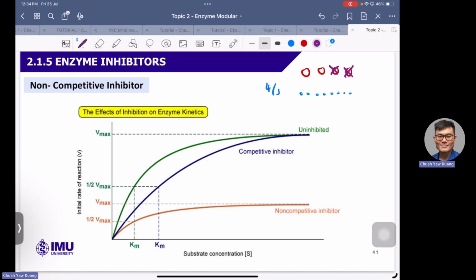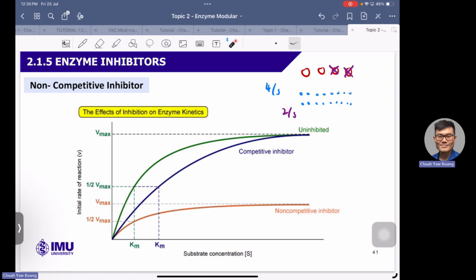It can be only 2 per second. You further increase the substrate. Is it useful? No, because the enzyme available is now only 2. No matter how much substrate you increase, it won't be reversed. That is the difference between non-competitive and competitive inhibitors.